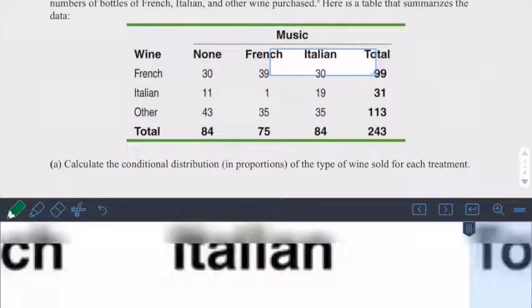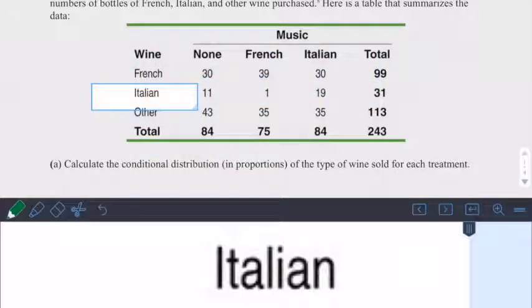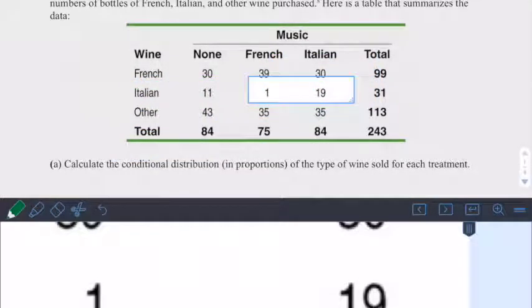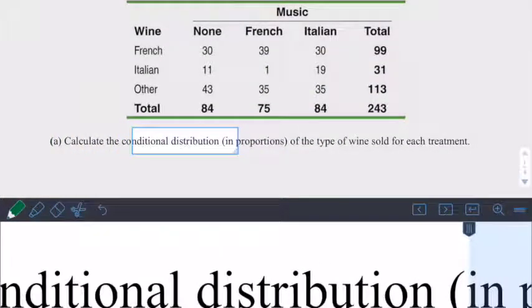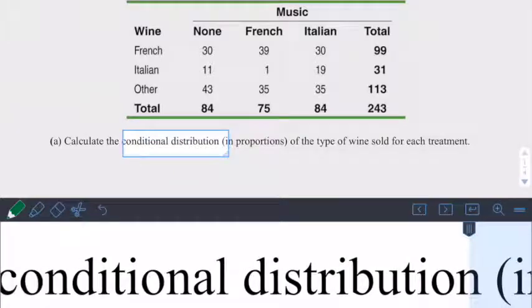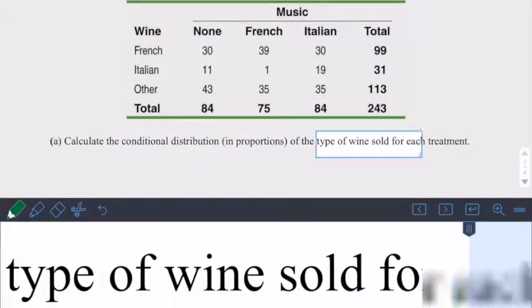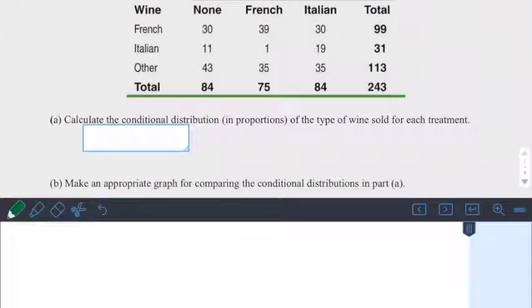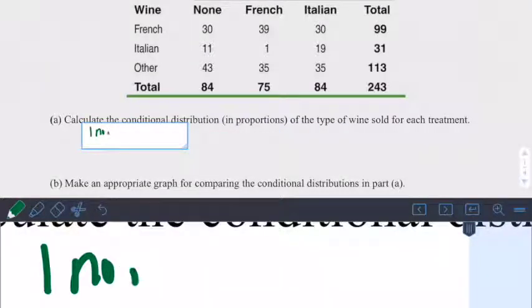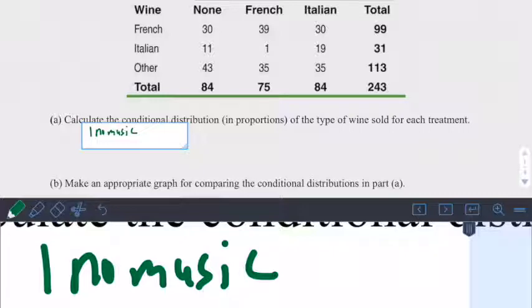So does playing Italian music increase the chance of buying Italian wine? What we could do is calculate the conditional distribution, remember, of the type of wine sold for each treatment. So given no music, let's calculate the distribution of the types of wine.